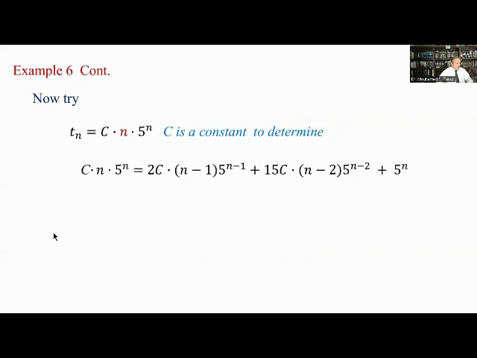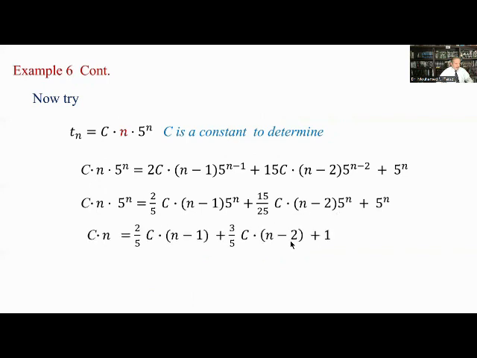So now you substitute. Again, you have to divide by 5, multiply by 5, divide by 25, which is 5 squared, and multiply by 5 squared, so that you can simplify. Again, you see here by 5, 25, and then keep going.